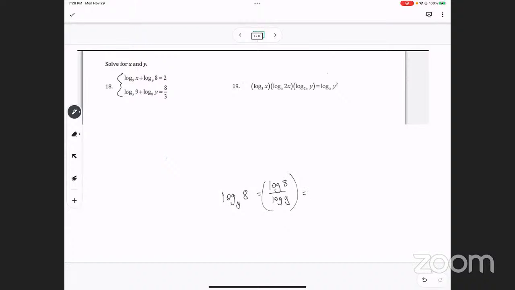I can write 1 over log y over log 8. I could do that. Which is 1 over log base 8 of y.